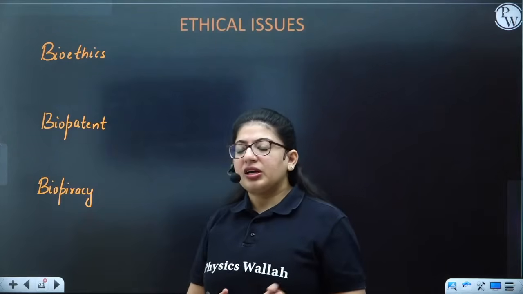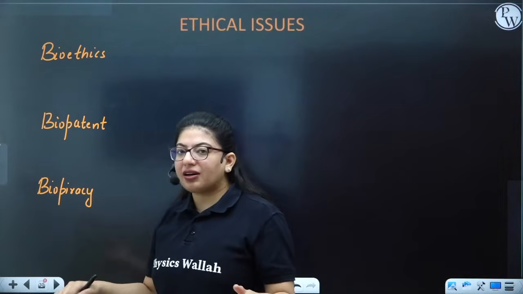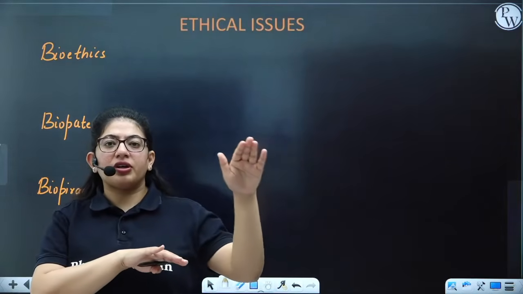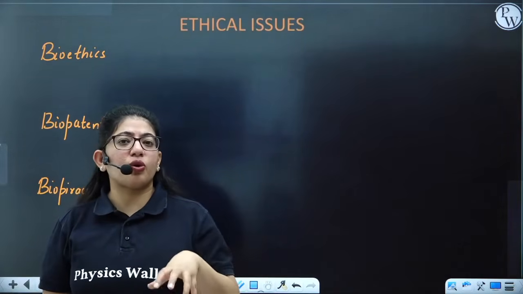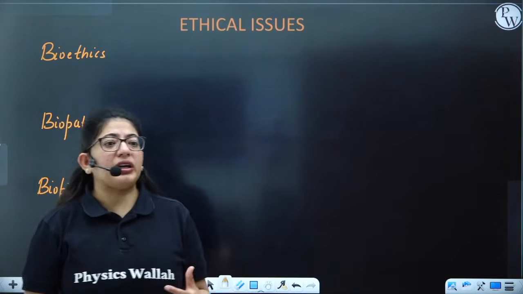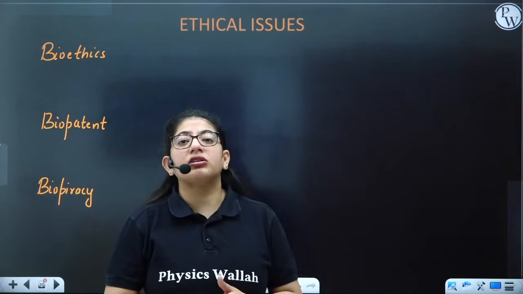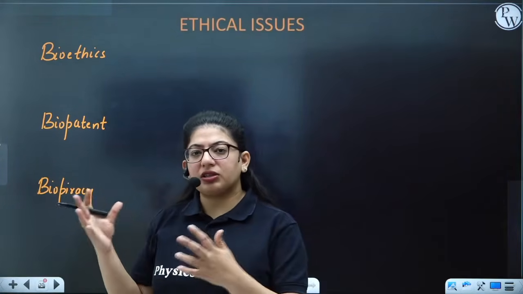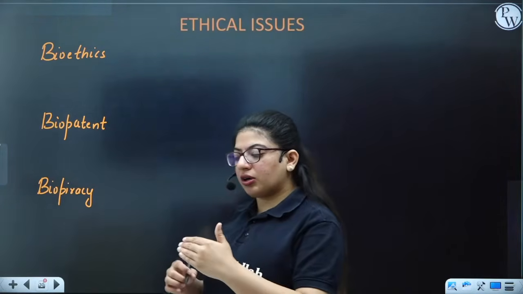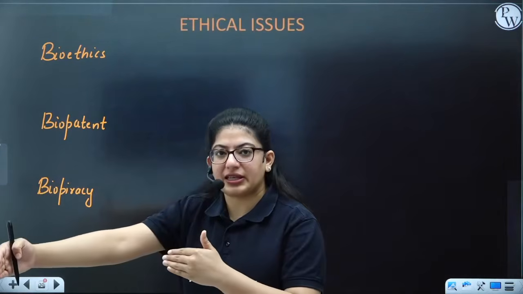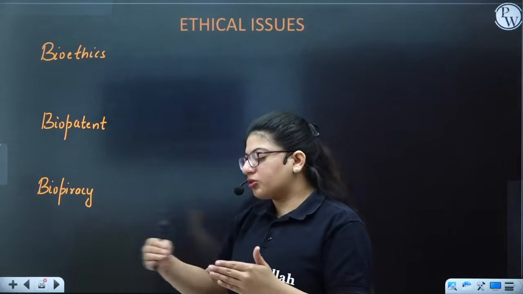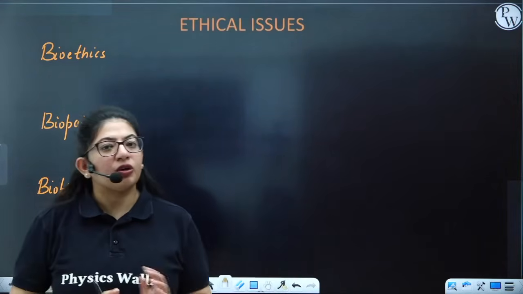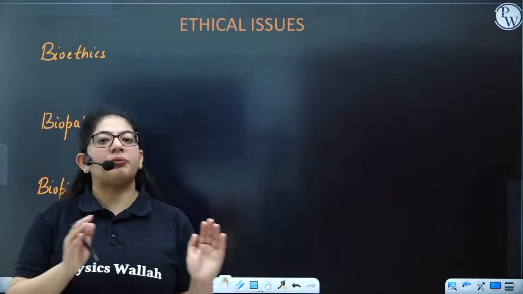For example, if there is no set of standards on what research you can and cannot do, or if there is no control over the people on the research, maybe people will start doing different stuff and harming others. So there are certain bioethics: you cannot go beyond this line. You have to do research only within what is covered in this particular segment. You cannot go beyond it, because then it will be unethical.